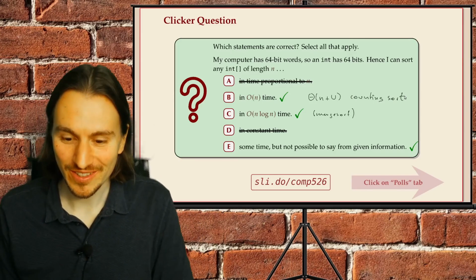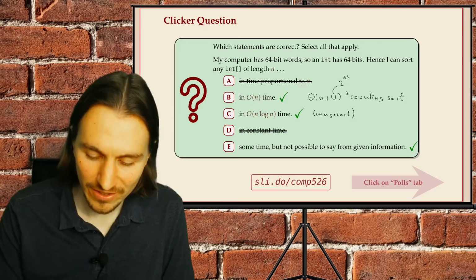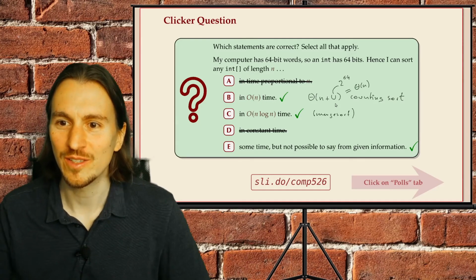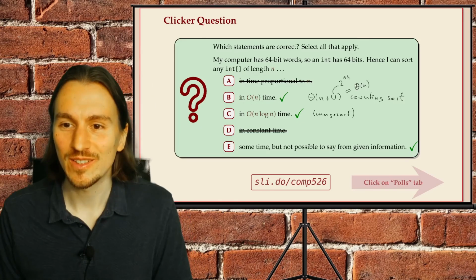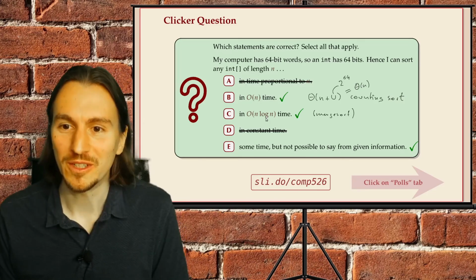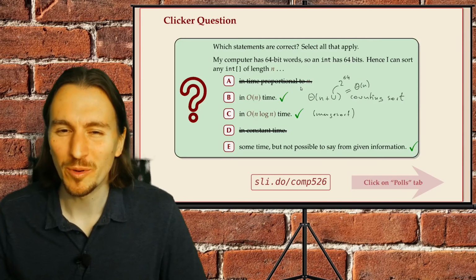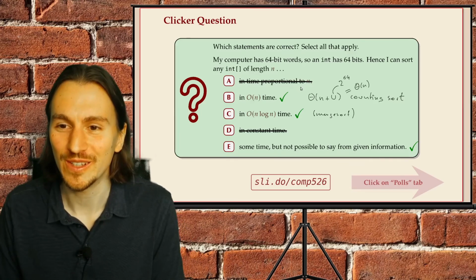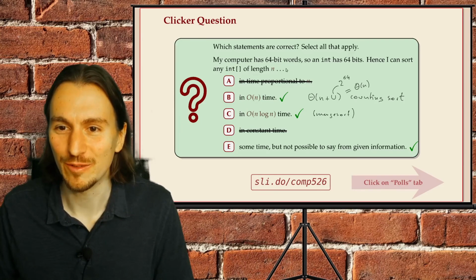Now, if u is actually 2 to the 64, that is the same as theta n because it's plus a constant, and a constant is never bigger than n. So in terms of theta classes, we can do it in order n time. And that, of course, also implies we can do it in n log n time. Now, it's not true that we can do it in time proportional to n unless we allow this constant of proportionality to be arbitrarily big, or to depend on the 64-bit.